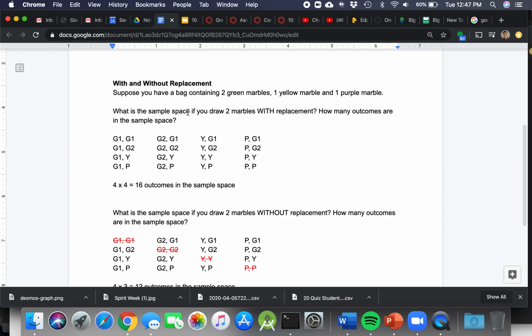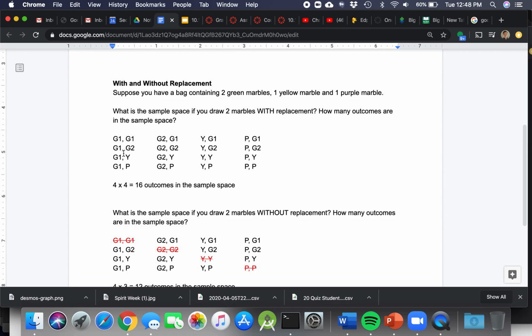So for instance, I numbered the green marbles because there are 2 of them, green 1, green 2. If you picked green 1 on your first pick, or the first time you drew a marble, you would put it back in and it would still be possible for you to draw it again. So that's why this outcome is possible. You could draw the first green marble once, put it back in, and then you could draw it again.